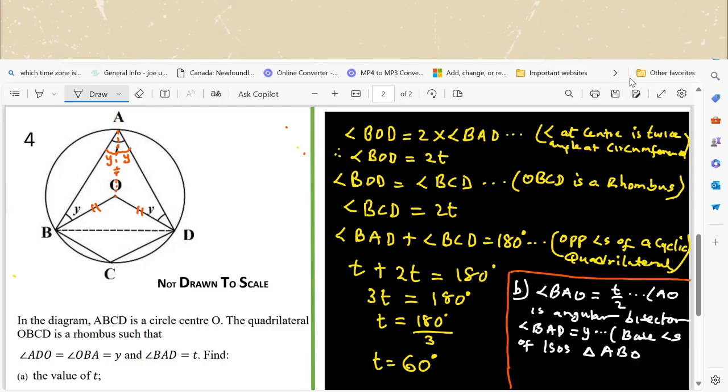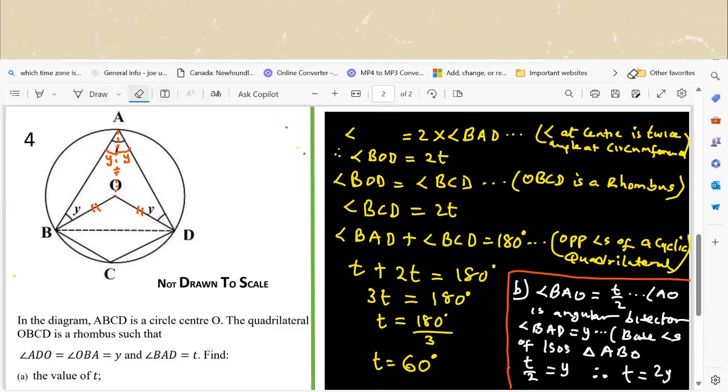So, meaning that T over 2 equals Y. So we deduce here that if T over 2 equals Y, it means that T equals 2Y. Okay, so now we have this, that T equals 2Y. Now we are going to use it to find the value of Y as required.